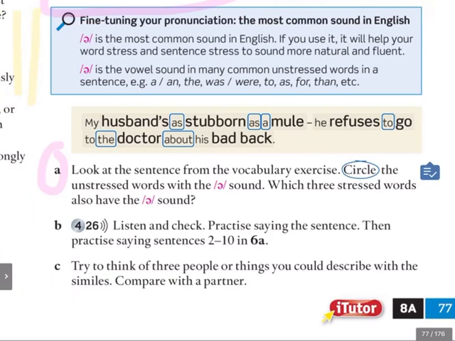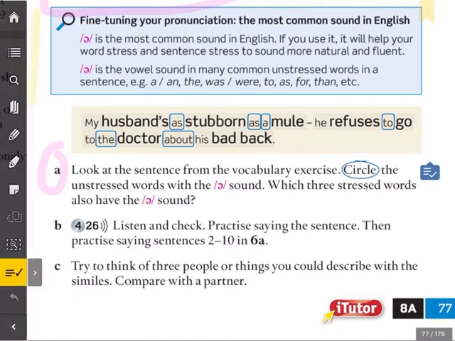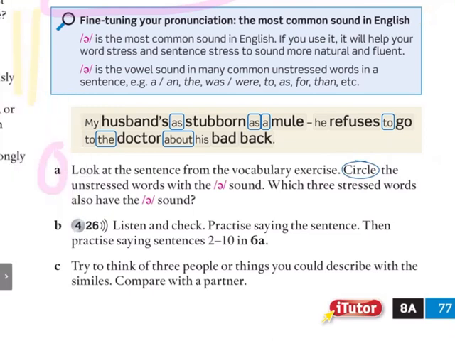So these are the unstressed words, no? Which have the schwa sound. Of course, what are the other unstressed words? Well, let's just take a quick look. We have my, I, that has a diphthong, no? And we have he, no? That has the E, no? And we have to the doctor.